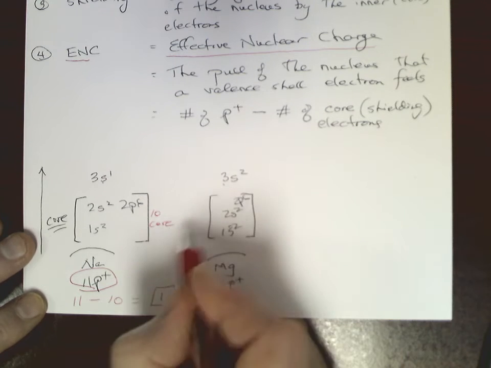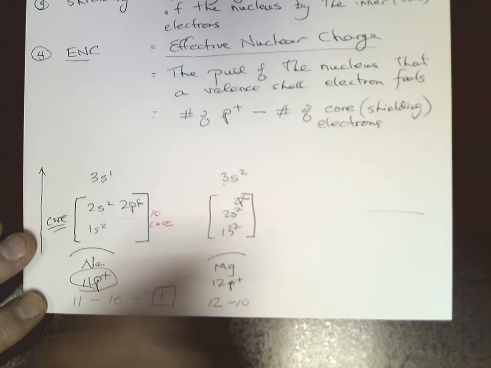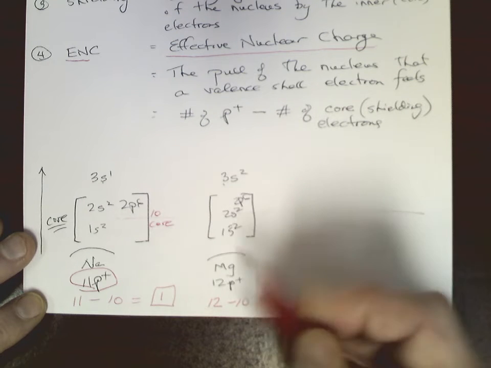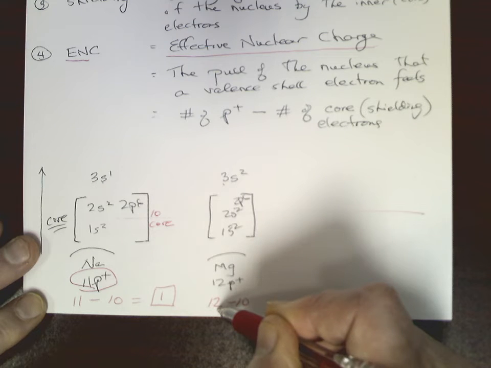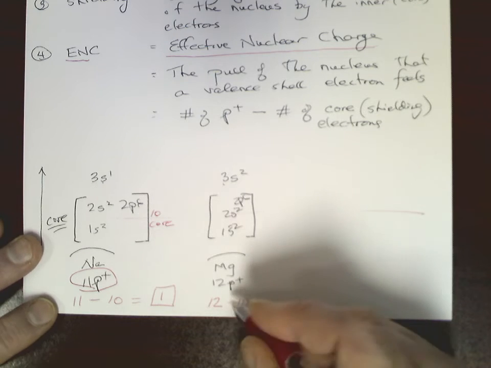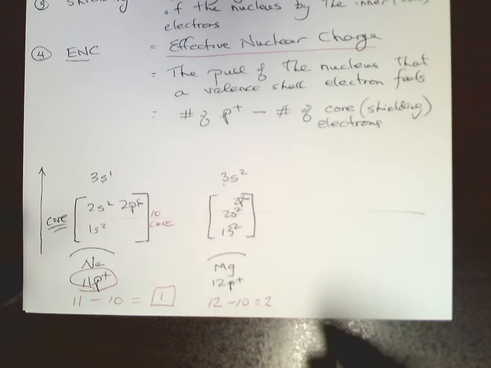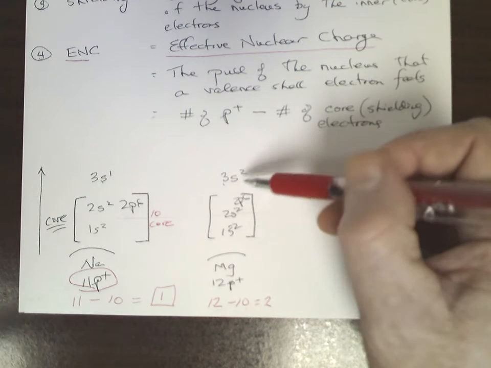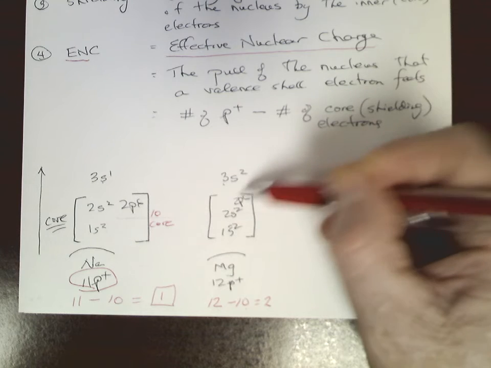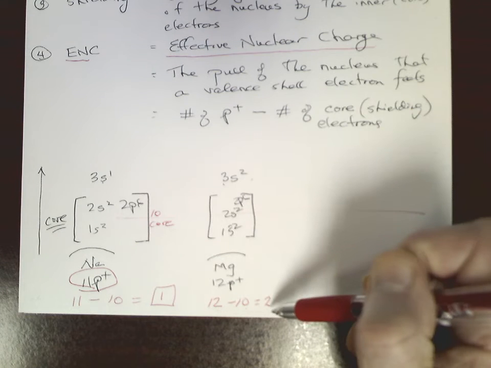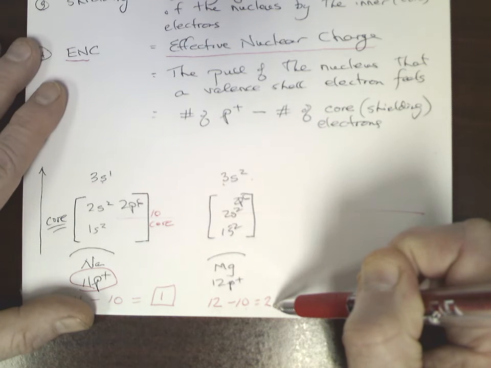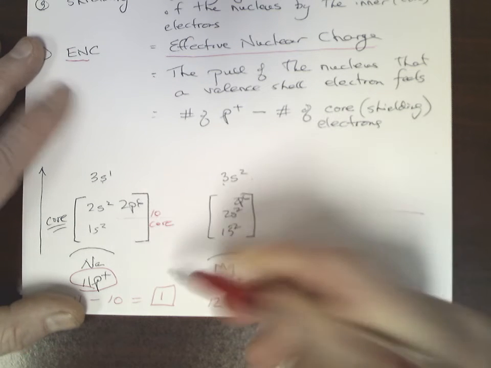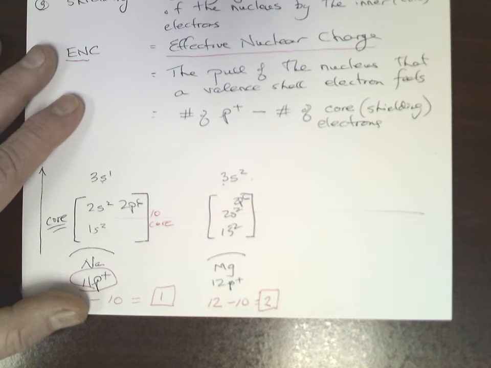Well, the core electrons are the same. So no difference in the core. So the shielding is the same while the number of protons goes up. 12 minus 10 is 2. That means these outer valence electrons here are feeling the pull of 2 from the nucleus. Effective nuclear charge has gone from 1 to 2.